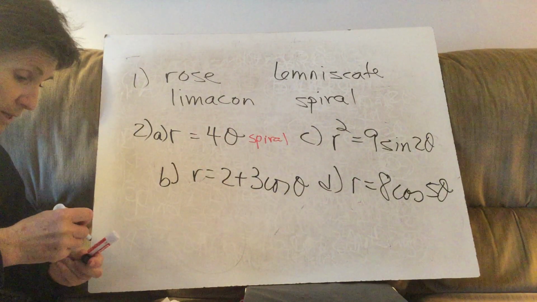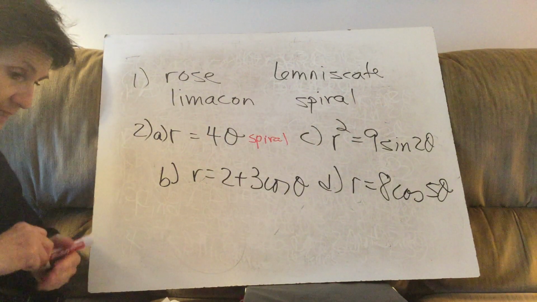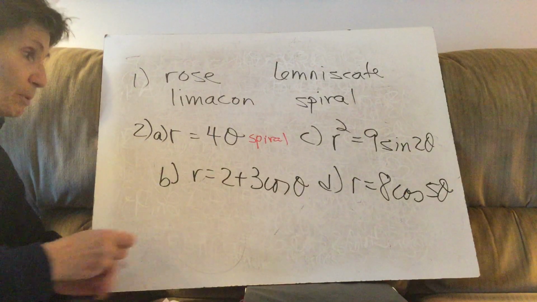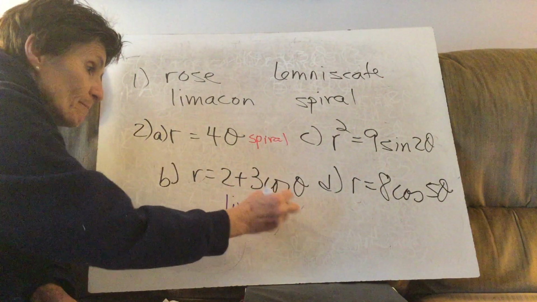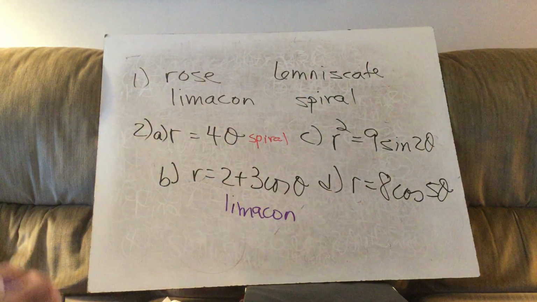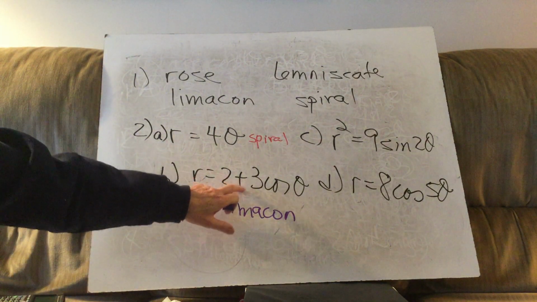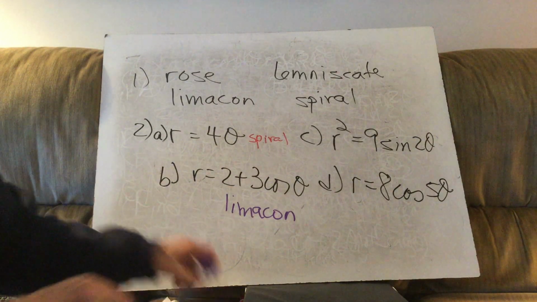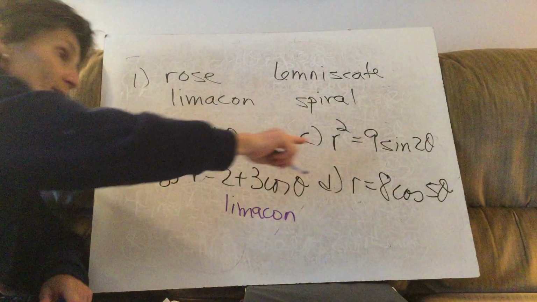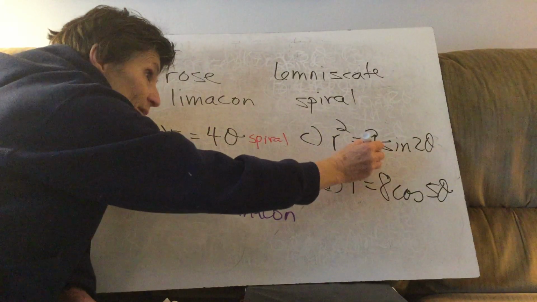This one, the second equation, has a plus sign in it. If the equation has a plus or a minus in it, it is a limacon. A limacon has a plus or a minus in the middle of it right there. If we have a squared in our equation, we have a lemniscate.